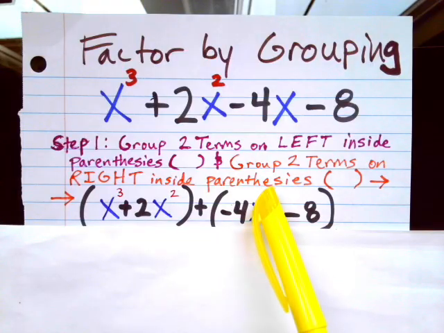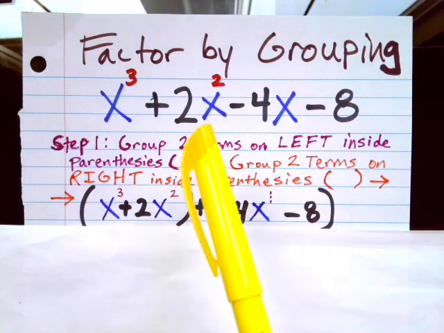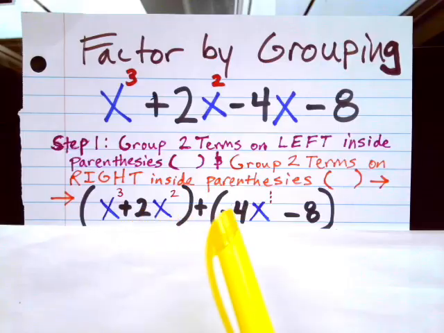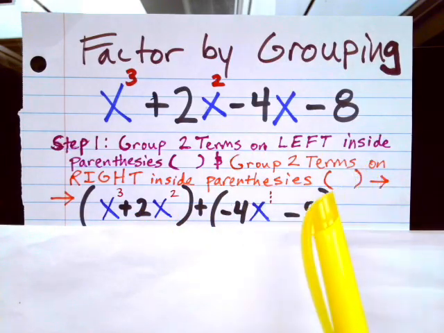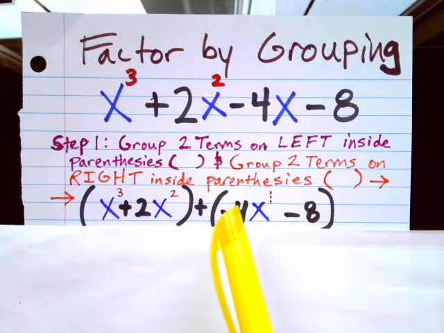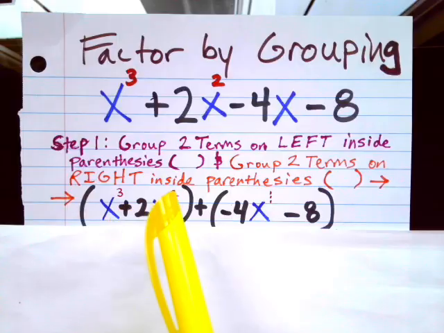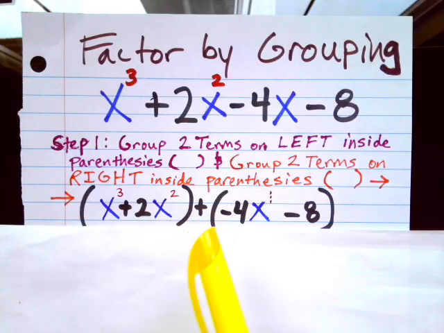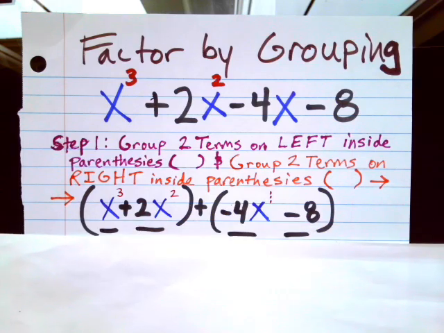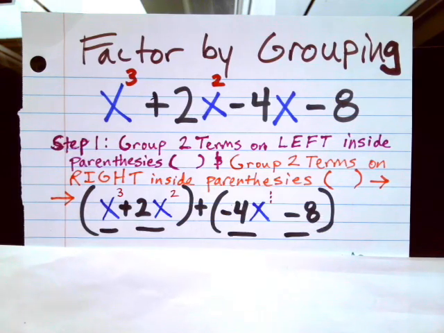So I want to show that invisible one. And then, of course, I'm putting a plus sign between these 2 parentheses. As you can see, -4x plus a -8 is still the same, just inside parentheses. x cubed plus 2x squared, still the same, inside parentheses. Put a plus sign between these 2 parentheses, okay?